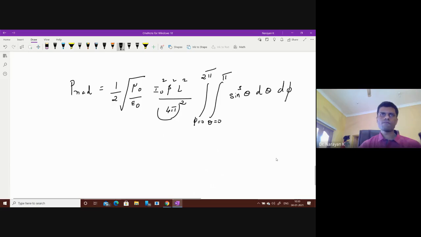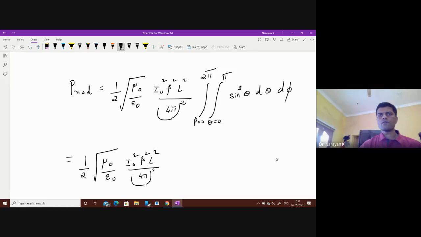Yes or no? Yes, sir. Rewriting, theta varying from 0 to pi sine cube theta d theta, and phi varying from 0 to 2 pi d phi.